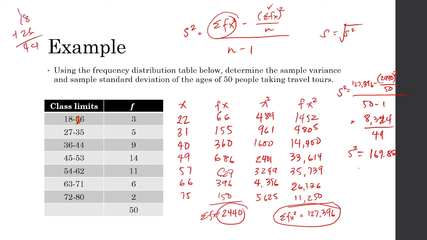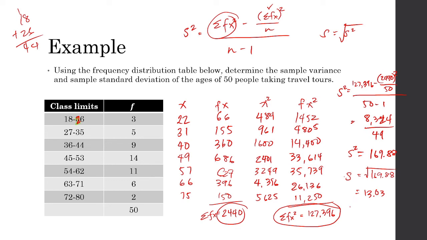Kung kukunin natin yung standard deviation, we just need to get the square root of 169.88, and the square root of that will be, wait a second class, that will be 13.03.